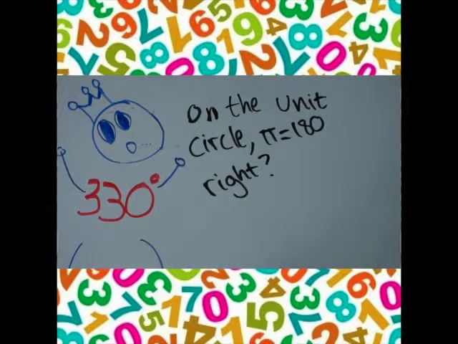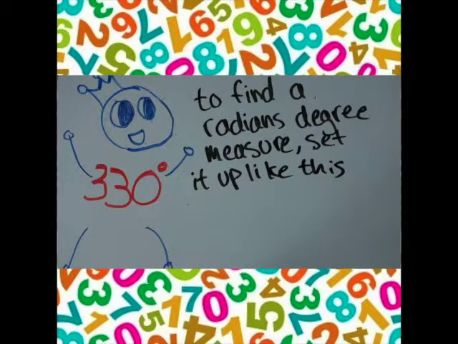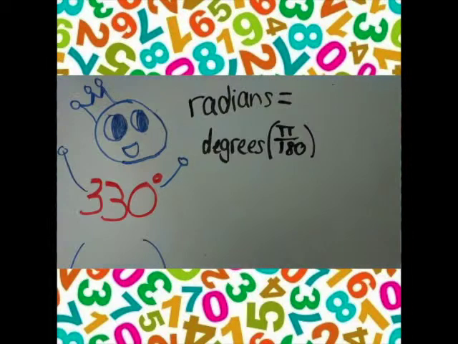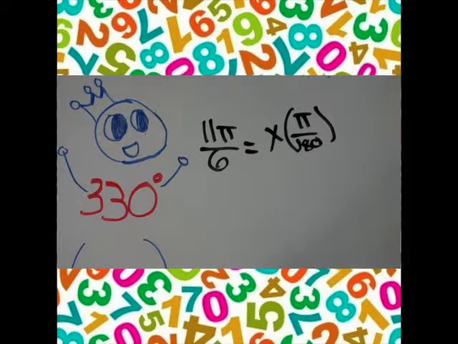So to convert radians and degrees, you know on the unit circle, pi equals 180 degrees, right? So pi over 180 is equivalent to 1 over 1. To find a radian's degree measure, this is how you set it up. Radians equals degrees times pi over 180. So 11 pi over 6 equals x times pi over 180.